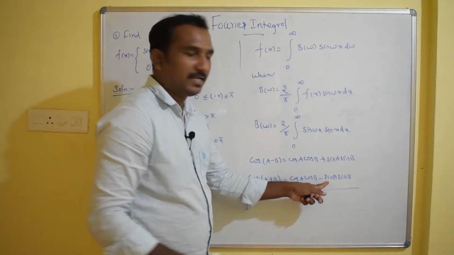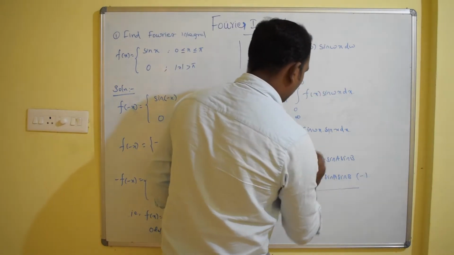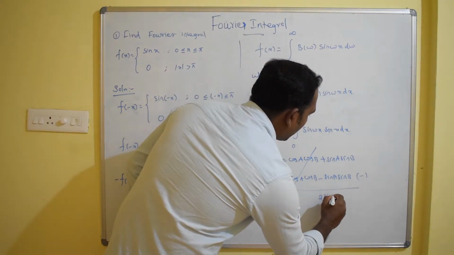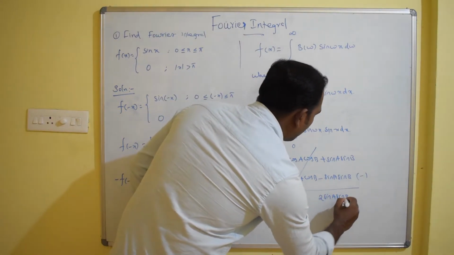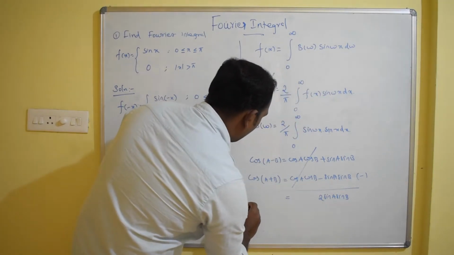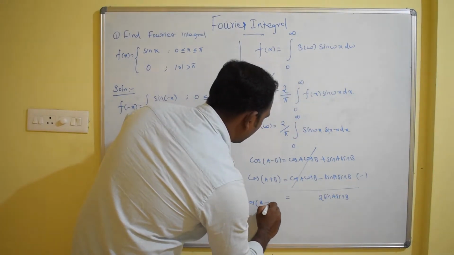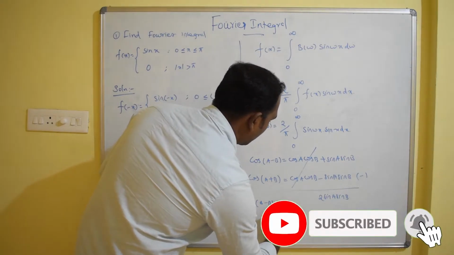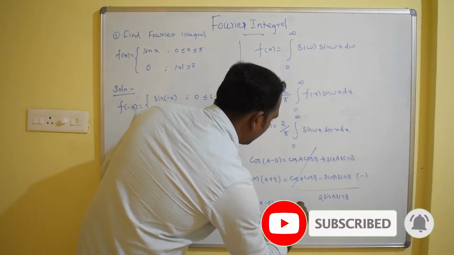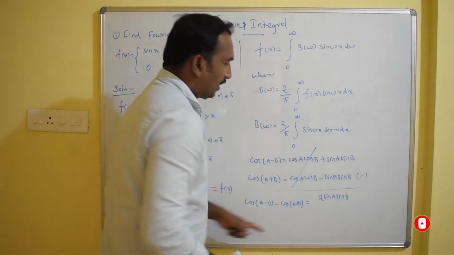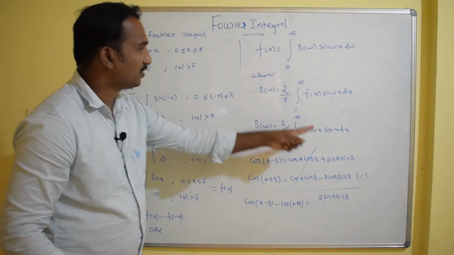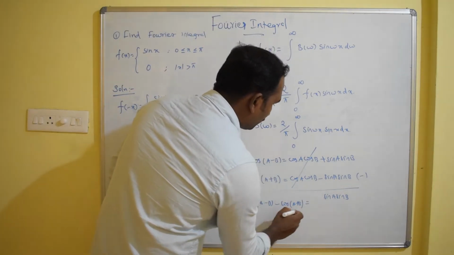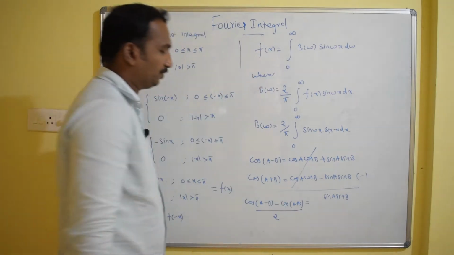We need only sin a sin b, so just subtract these, and the first term will get cancelled. You will get 2 times sin a sin b, which will give cos of a minus b minus cos of a plus b, correct? And I don't want the 2 here because there is no 2 here, so I'm going to divide both sides by 2.